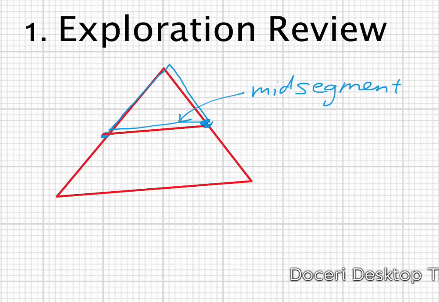And if you were in fifth period, you did something similar. The only difference was instead of finding the midpoints, I had you find the lengths of the sides, multiply them by 2, and then recreate a new triangle. And had you do the same thing. You were supposed to compare the angles and the corresponding sides.